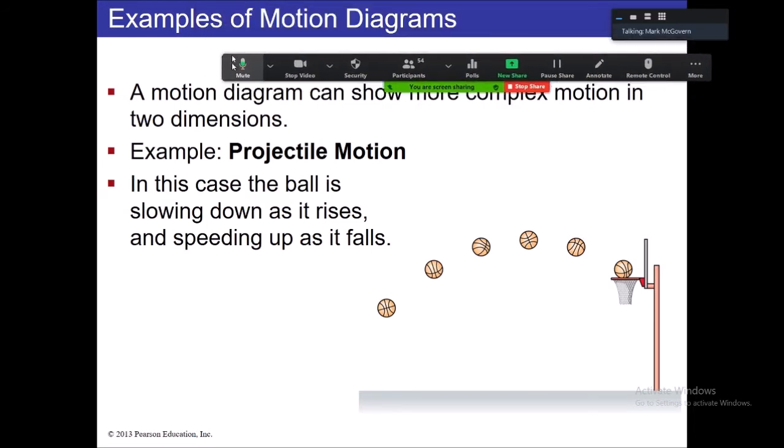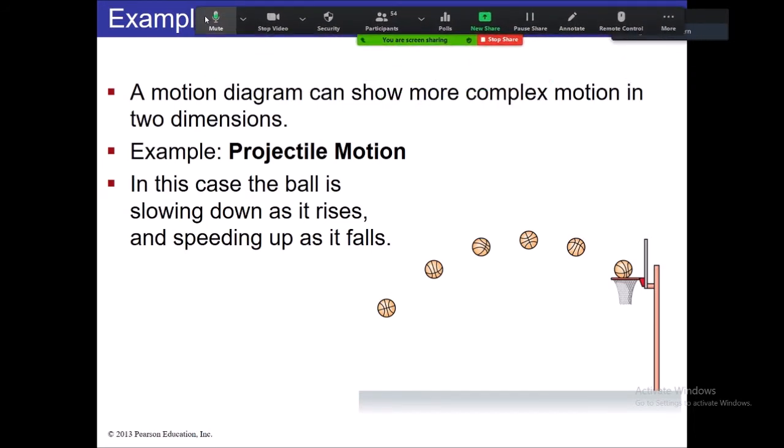If we want to show more complicated motion, like projectile motion, we'd want to draw things that are 2-dimensional. We see the ball being thrown towards the basketball, but when we do it like this, we can see more easily what's happening in the different directions. In the y direction, we can see that the ball slows down as it reaches the peak, and then it comes back down.